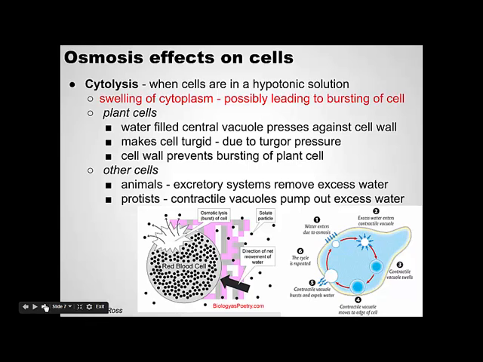When those central vacuoles lose water, that pressure is reduced, and that's what leads to the wilting of plants. If they don't have enough water, they're no longer able to stand upright because that pressure is gone. And that cell wall prevents these plant cells from bursting, sort of contains that pressure, and absorbs some of it.